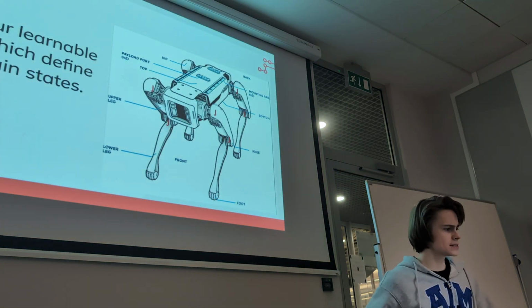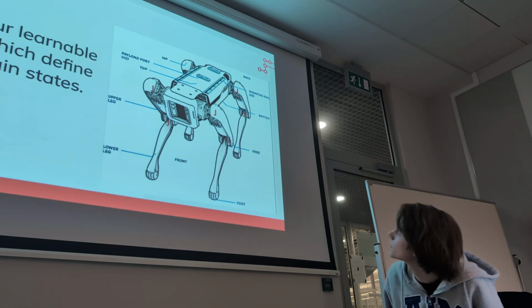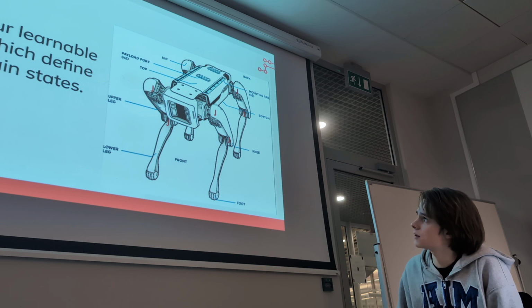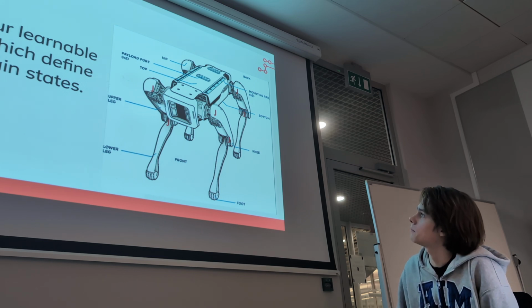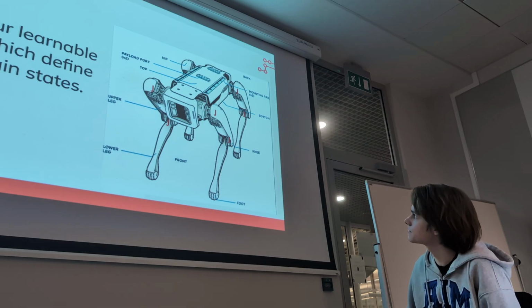So, joints of the robot. Here I found some dog-looking robot. Those are our learnable parameters, which define motion in certain states.